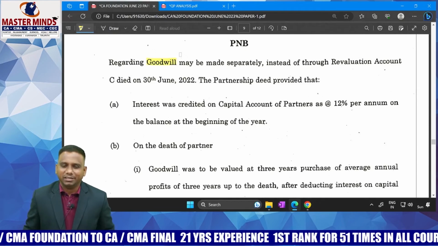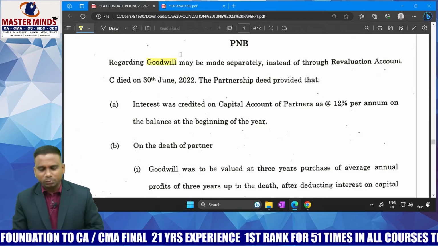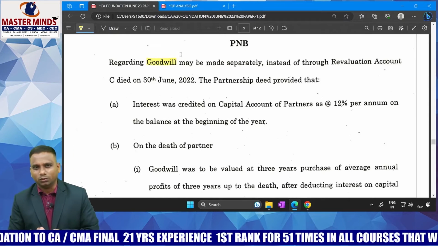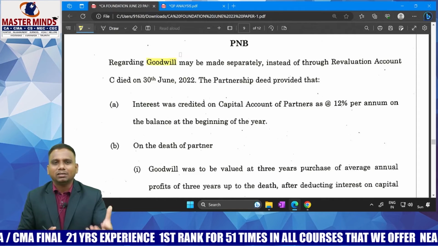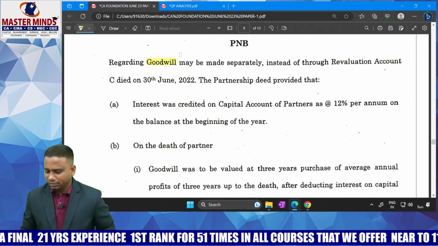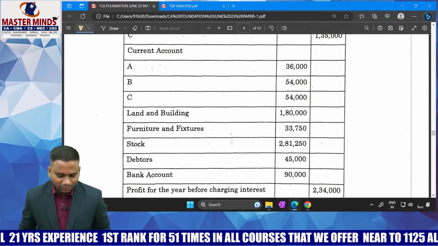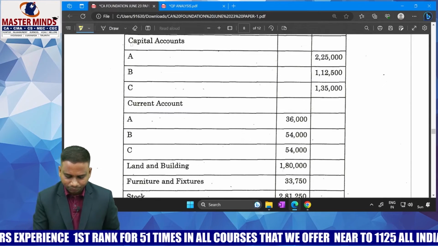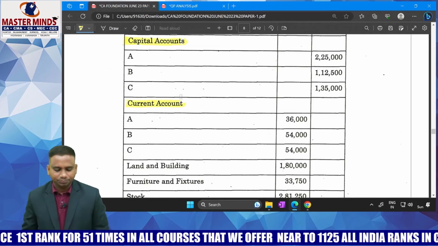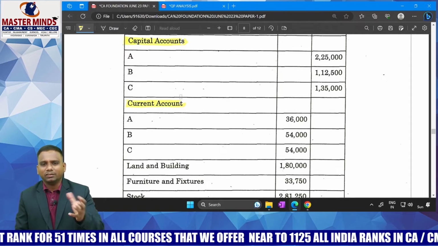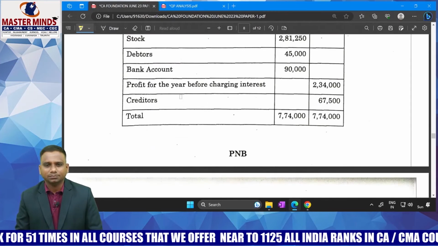Goodwill you should calculate, yes or no, and you should also prepare a revaluation account as a working note, because the main answer is the preparation of partners' capital accounts and current accounts. Here, if you observe, we have current account balances and capital account balances. So, you should prepare the capital accounts and current accounts.